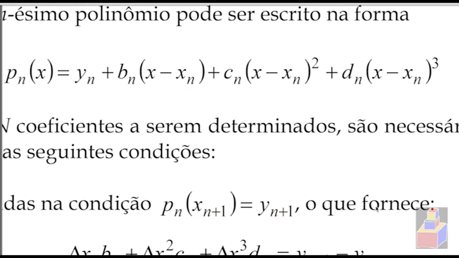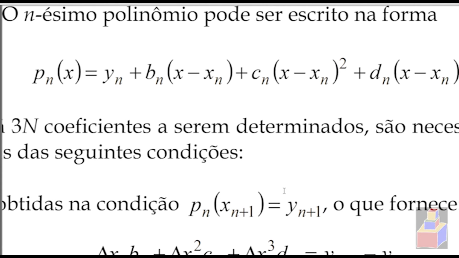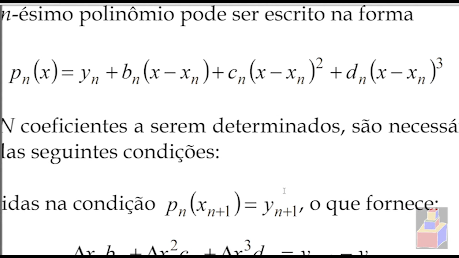And if we go to n minus 1, the last term is going to be 2 times Cn minus 1 plus 6 dn minus 1 delta xn equals 0. That's what we get.